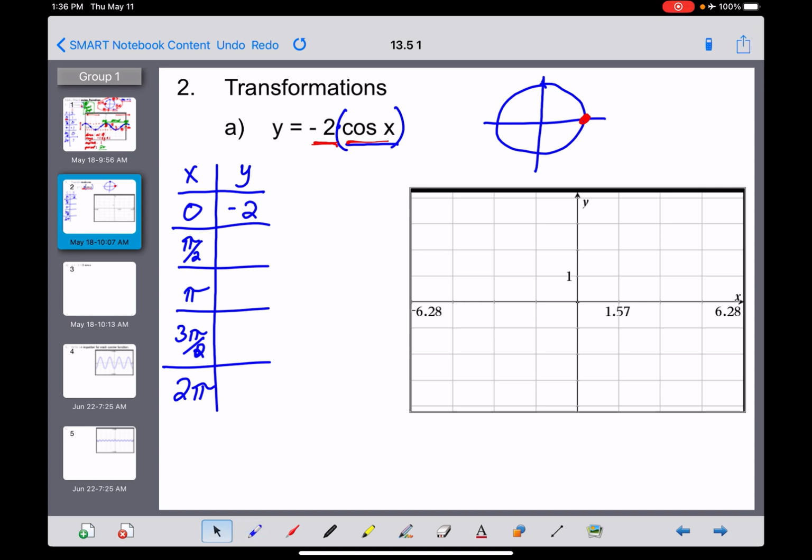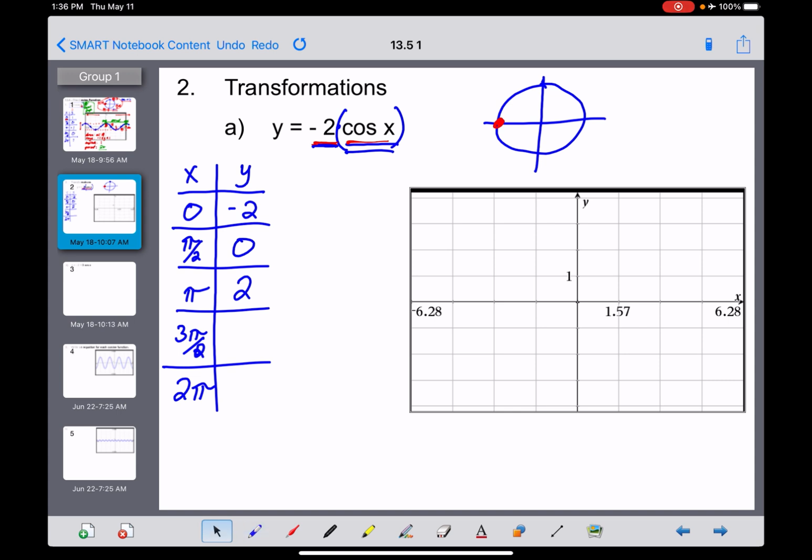Okay, at pi over 2, we're now moving straight up here. Cosine, our x value is 0, and 0 times -2, still 0. Gotcha. Let's move over here to our third angle now, pi. Cosine, the x value is -1. This gets interesting. And -1 times -2 is going to make +2 for our y value at pi.